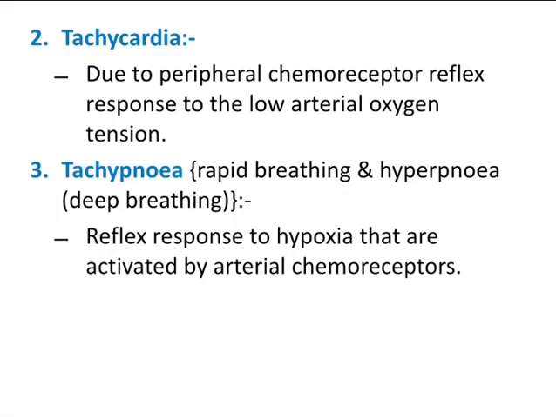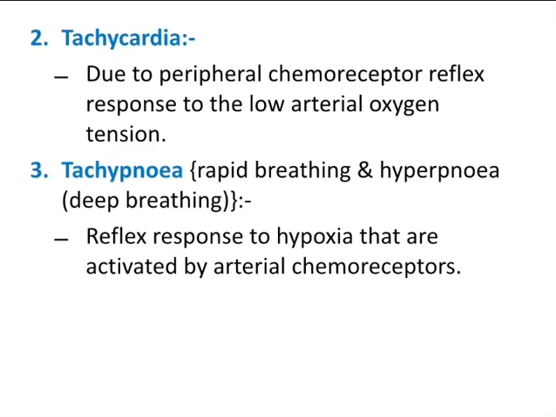Next sign is tachycardia. Tachycardia means an increase in heart rate above 100 per minute. It is seen due to the peripheral chemoreflex response to the low arterial oxygen tension. Next sign is tachypnea. Tachypnea means rapid breathing and deep breathing. Deep breathing is also known as hyperpnea.